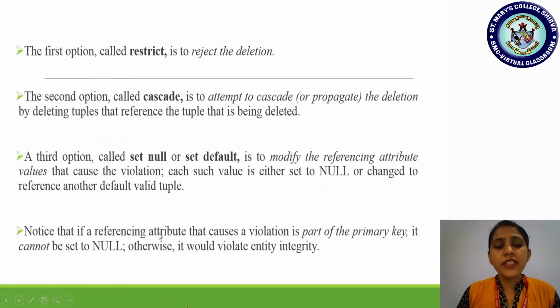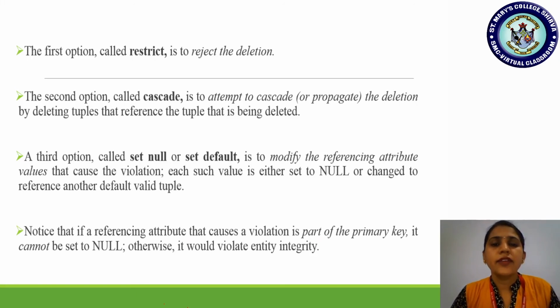So if a referencing attribute that causes a violation is part of the primary key, then it cannot be set to null. Otherwise, it would violate entity integrity. So entity integrity means what? The primary key value should not be set to null, right? So the department number in the employee relation was acting as a foreign key, and when department number 5 was about to be deleted from the department relation, we can set that DNO foreign key value as null.